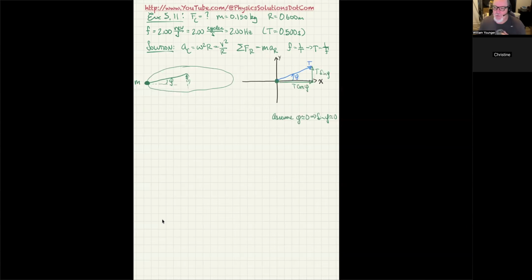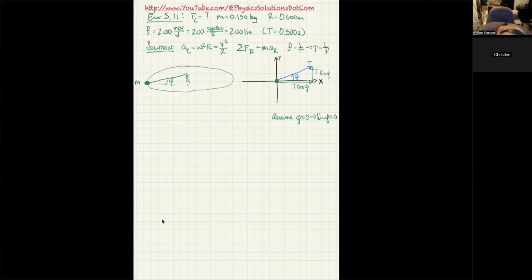It's actually, as a first order approximation, the sine of phi is basically phi, minus 1/3 phi cubed, and so on and so forth. But we're going to assume that that's very small.